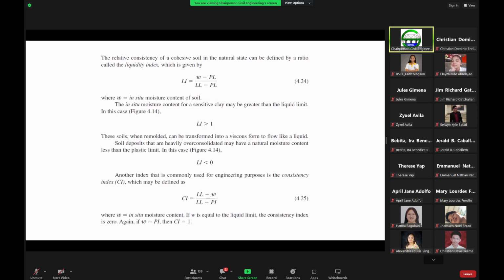So in this formula, if the in situ moisture content is equal to the liquid limit, then the consistency index will be equal to zero, because the numerator will be zero. And then if the in-situ moisture content is equal to the plasticity index, then this consistency index will be equal to 1. So this is just how we interpret the consistency index.